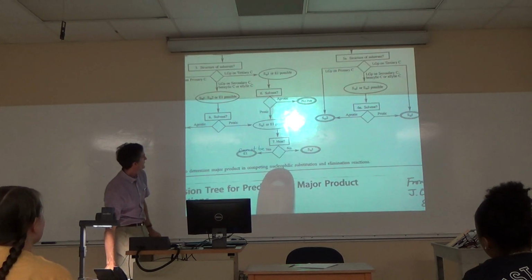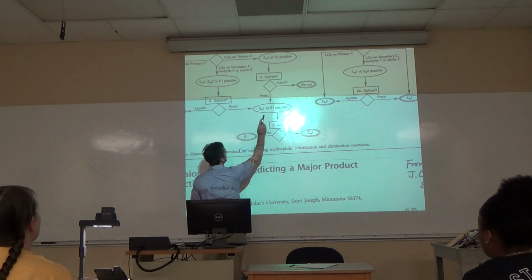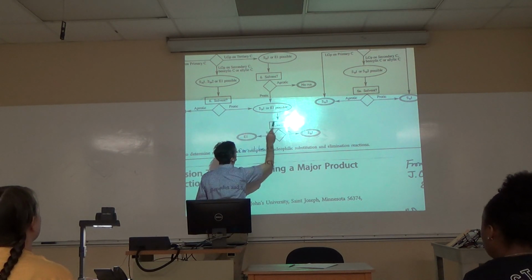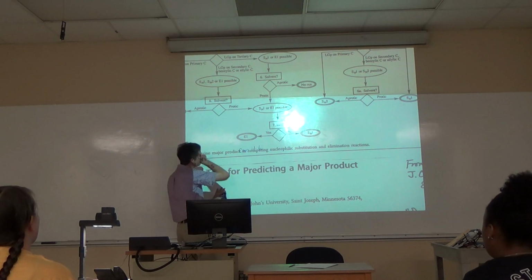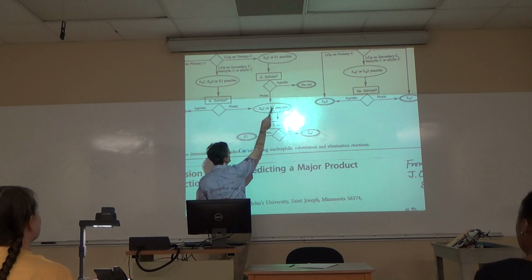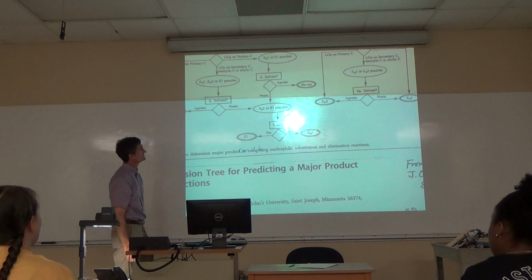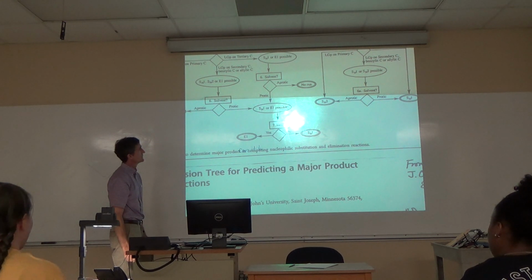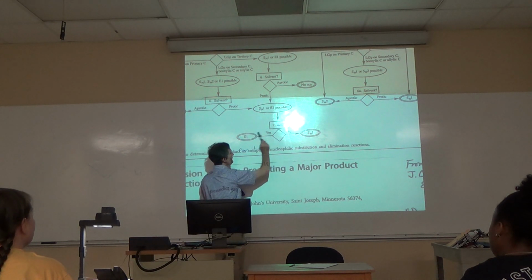Anyway, down here, I reckon we finally made it down to SN1 or E1. How do you decide? Maybe heat? Yes. I reckon so, because that's between SN1 and E1. If SN2 is possible, SN2 may require heat. This makes sense.